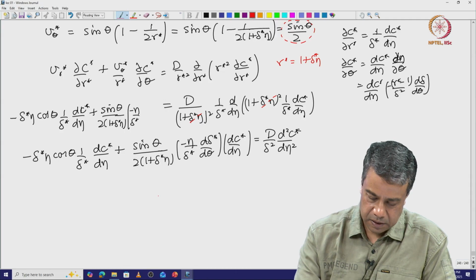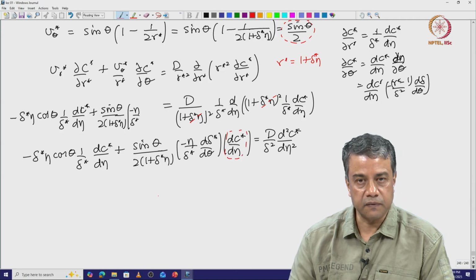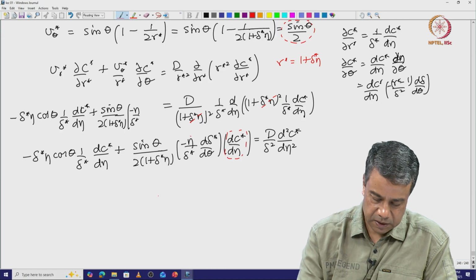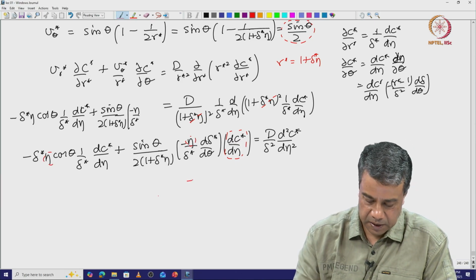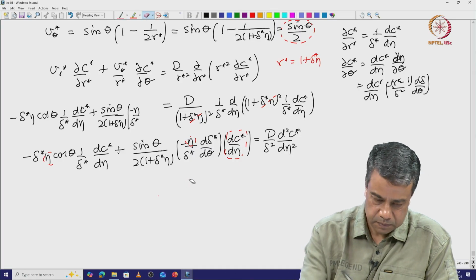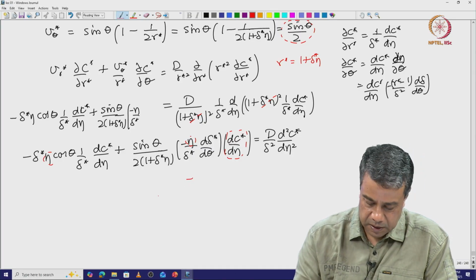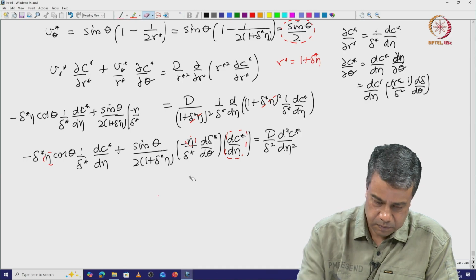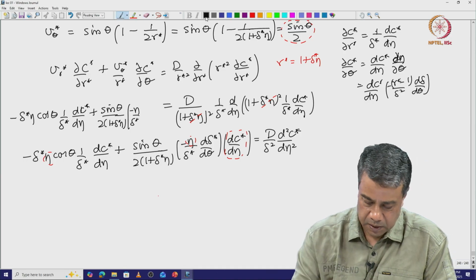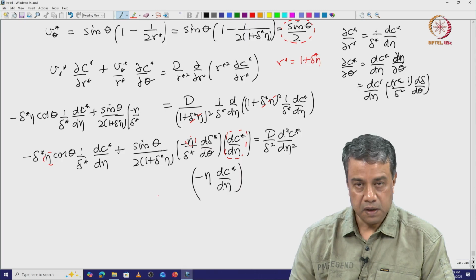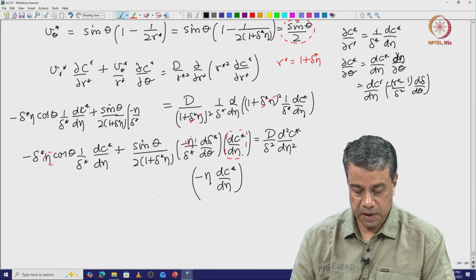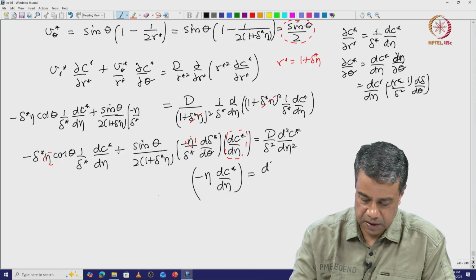On the left side, dc by d eta is a function only of eta, and this eta here and eta here. So, therefore, I am going to get minus eta dc star by d eta. Multiply throughout by delta square by d, so that the coefficient on the right side is just 1.